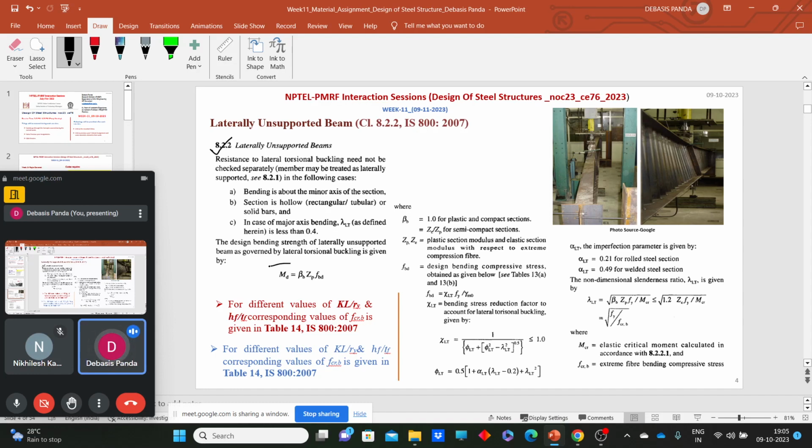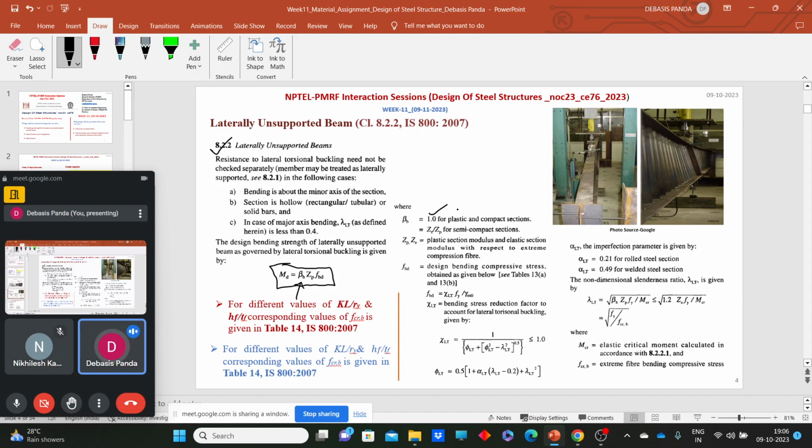The design bending strength of a laterally unsupported beam can be calculated using this formula. The first part, beta b, is a factor which deals with the sectional property. If the section is plastic or compact, then the beta b value will be 1.